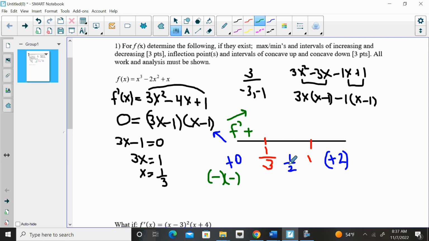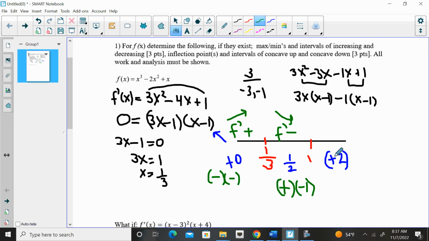If I test 1/2, 3 times 1/2 is 3 halves, which is bigger than 1. If I take away 1, I get a positive, but 1/2 take away 1, 1/2 is smaller than 1, so I'd get a negative. So here the first derivative is negative.